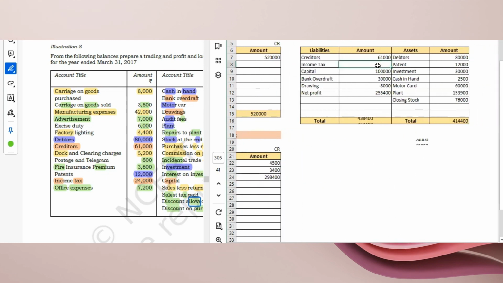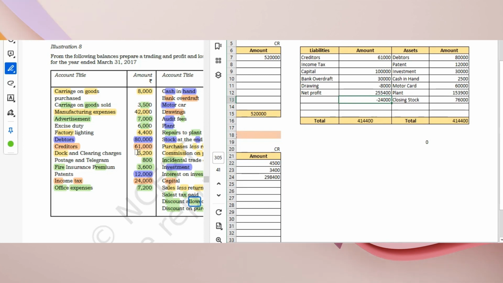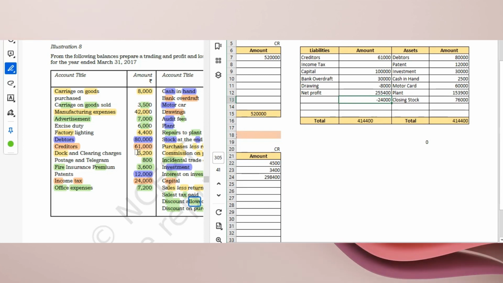So fully this income tax. Why I'm telling you: the difference is in income tax. I assumed that income tax is a payable, so it is sitting here. But here it is not a payable, it is actually paid. That's why you are getting the double difference.